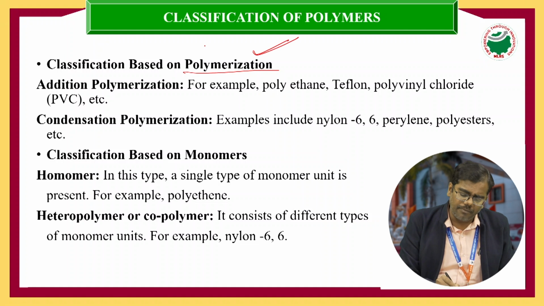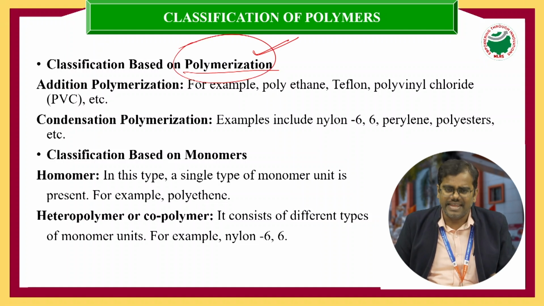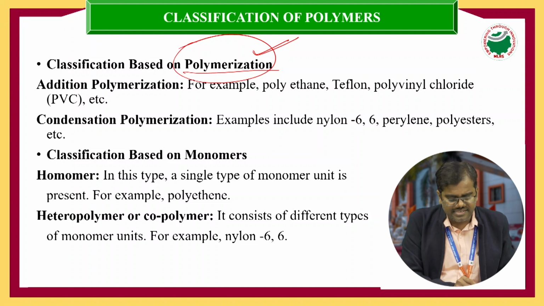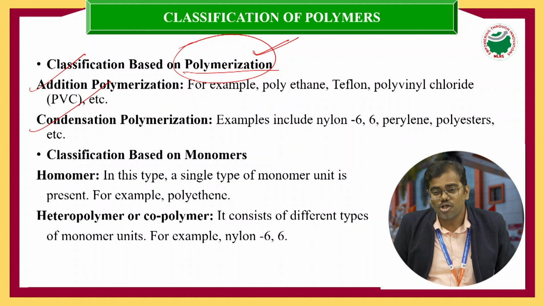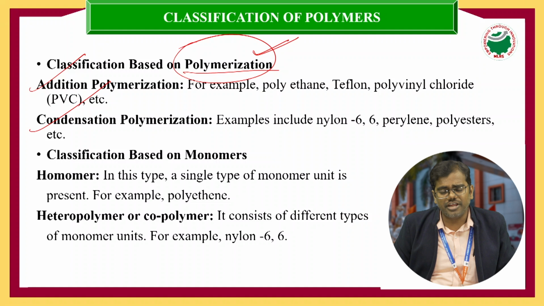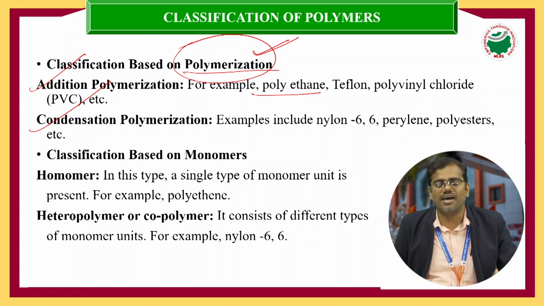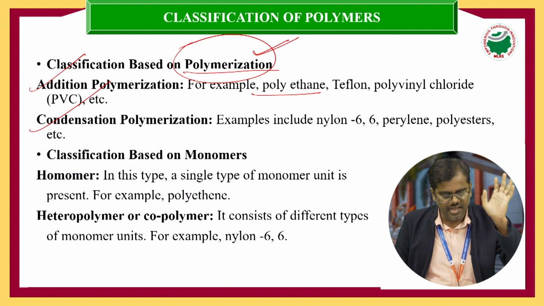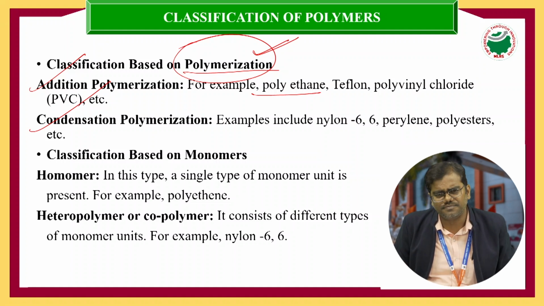Based on polymerization, we can classify polymers into three different categories: addition polymerization, condensation polymerization, and co-polymerization. Addition polymerization, the best example being polyethylene, involves unsaturated chemical compounds. What is the meaning of unsaturated chemical compounds?